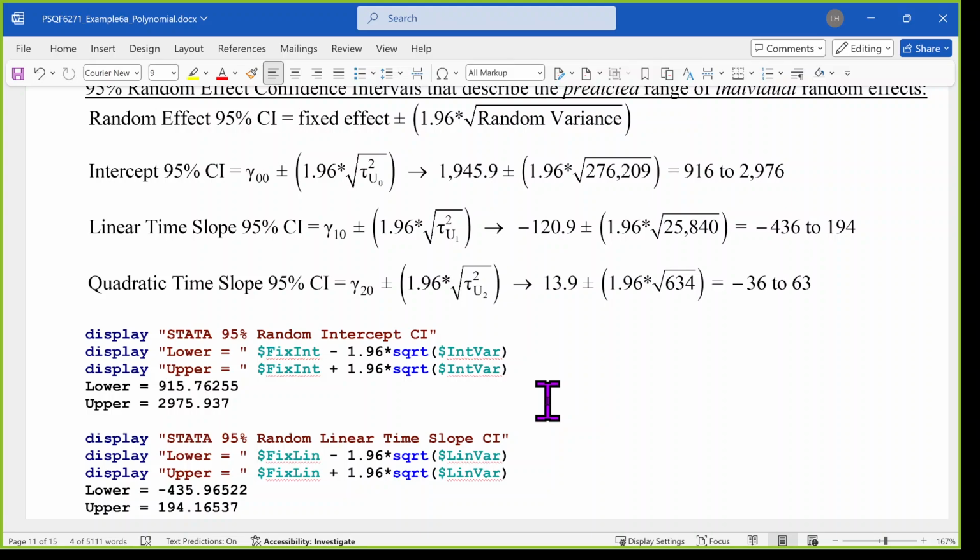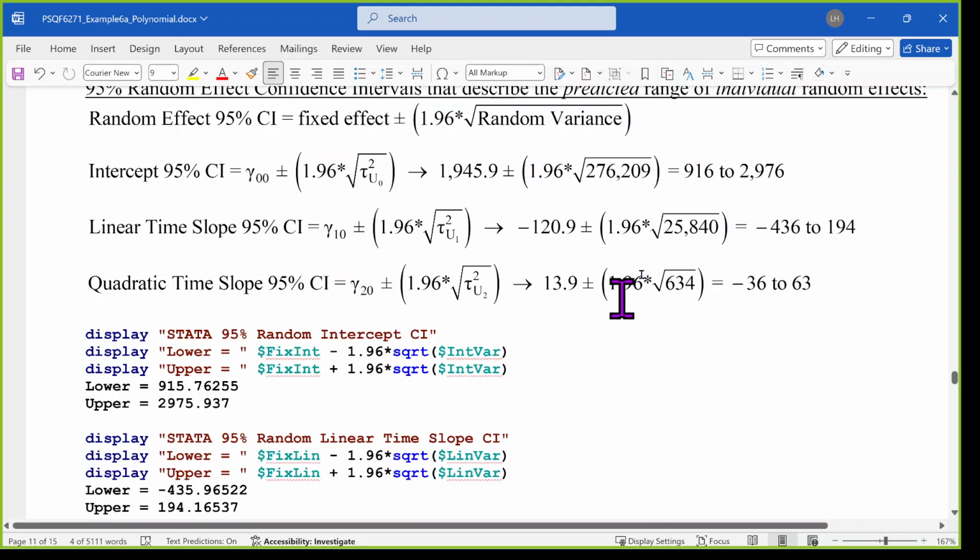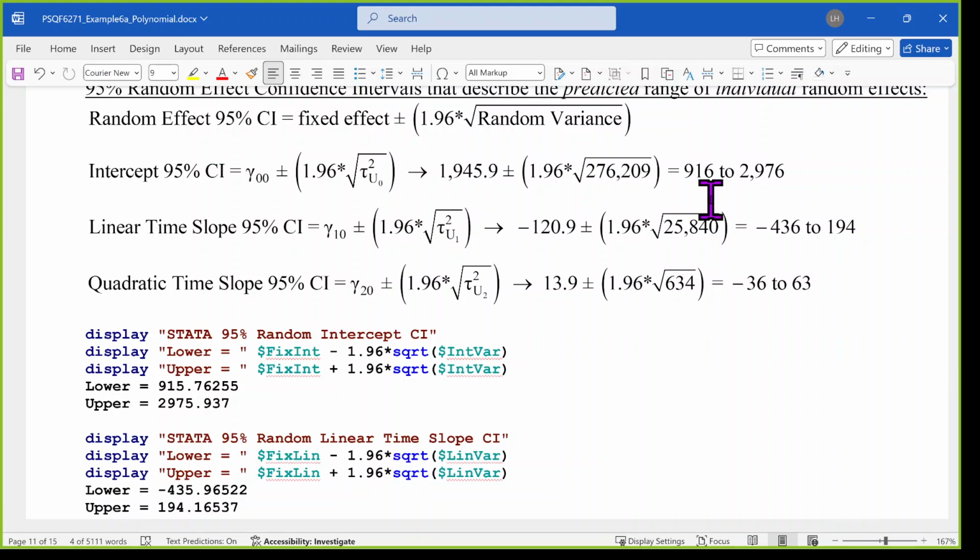And then you have the fixed effect as the center of the interval and about 2 standard deviations around it, plus or minus. That gives you the expected range in your sample of what that parameter would be. So for the intercept, for instance, the expected range is somewhere between 916 milliseconds and about 3 seconds, 2900 milliseconds. So that is the range of response time that is expected at the beginning of this task.